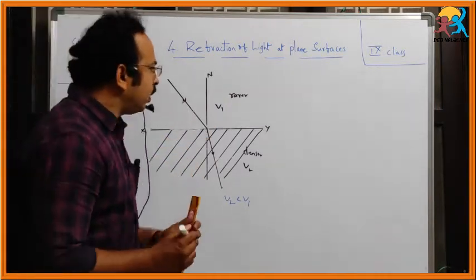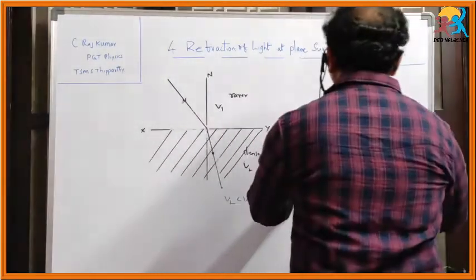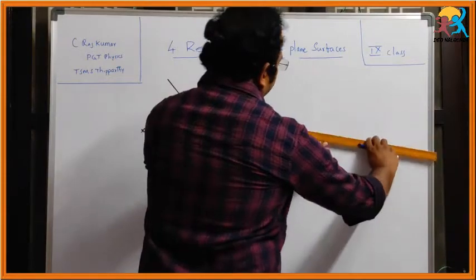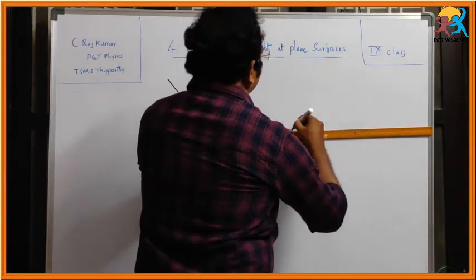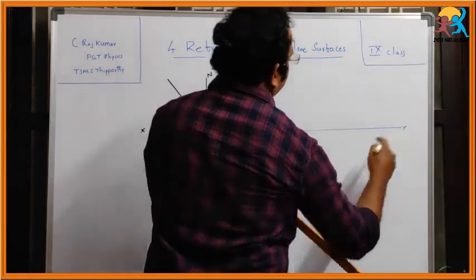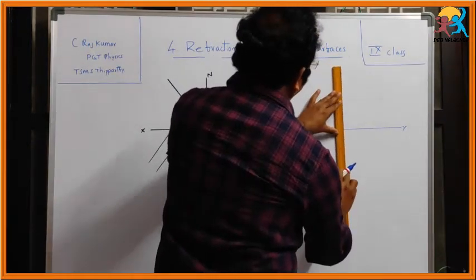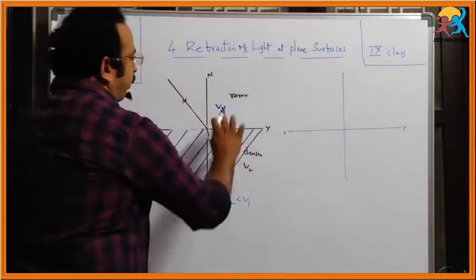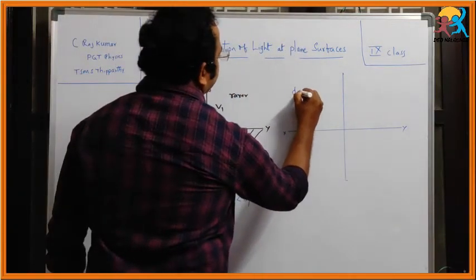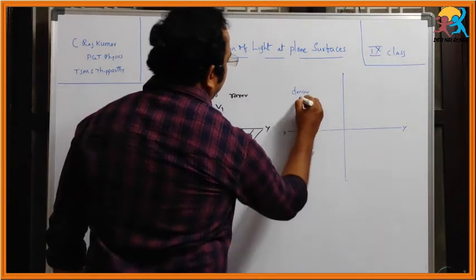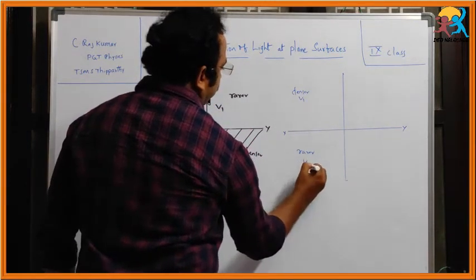Okay. And here is another case, let us see. Another case I will show. So in this case, this is the XY surface, and here we have taken the normal, and now take the reverse. Now this is called the denser medium, and this is called the rarer medium, and here the velocity is v1, the velocity is v2.